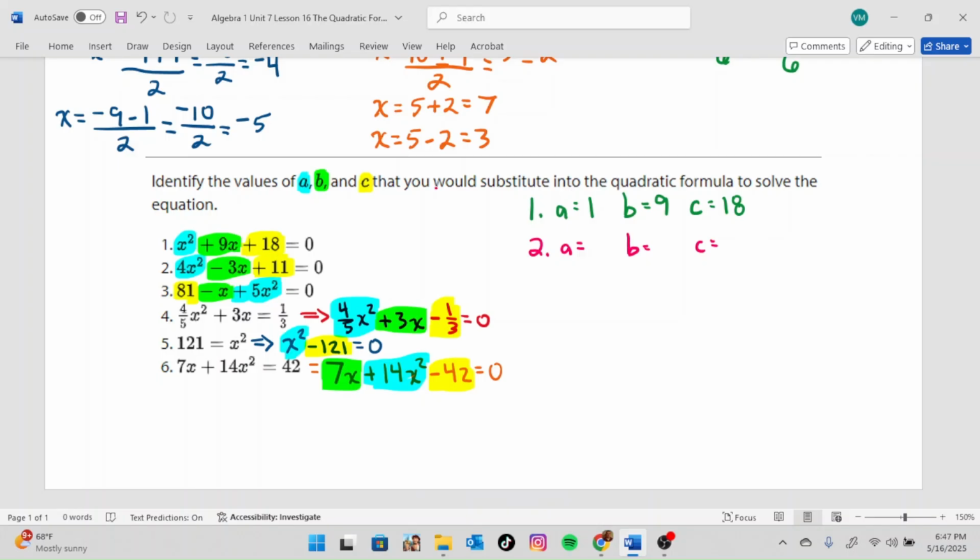So that means it equals 4. The B term is the coefficient with the x term. So that's -3. And the C term is the constant. So C equals 11.